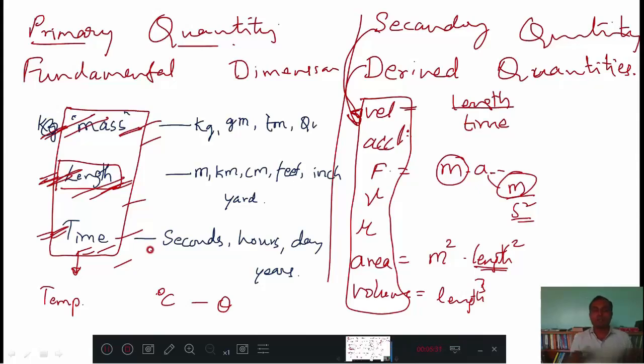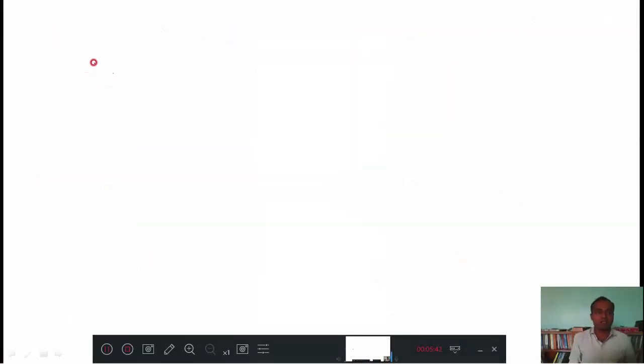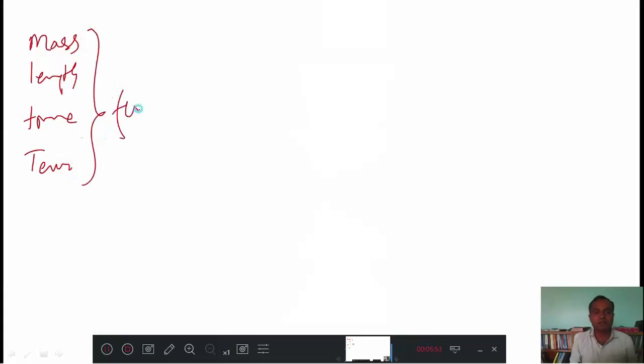Who agreed that this is 1 meter? These are the things you need to study. They are very fundamental things. For this chapter you should know only this: mass, length, time and temperature are fundamental quantities, and the other quantities which are derived from these are called derived quantities.